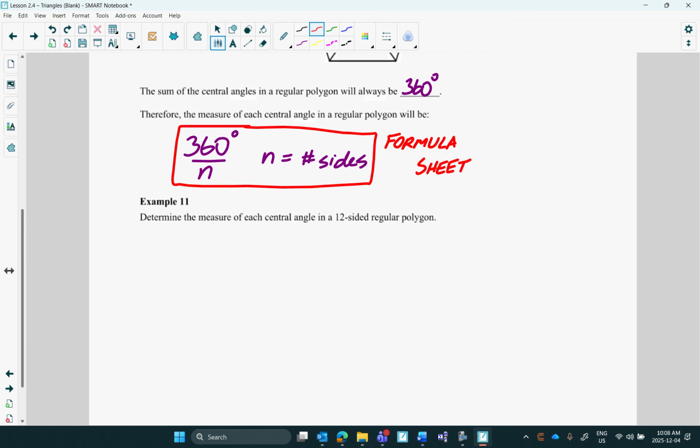So just as an example, to finish this off, what's the measure of each central angle in a 12-sided polygon? 360 divided by how many sides? 12. Which gives us 30 degrees. Okay.